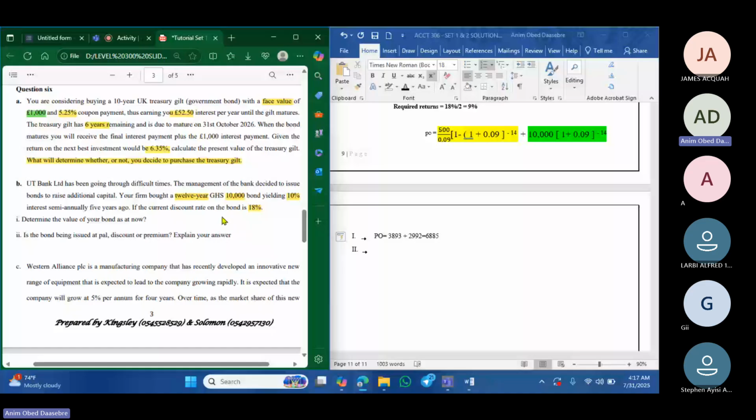For that matter, the bond is trading at a discount. So the bond is issued at a discount.